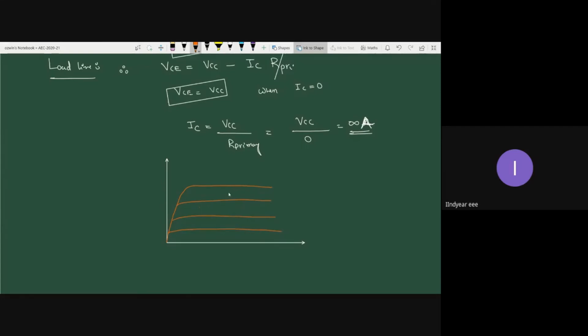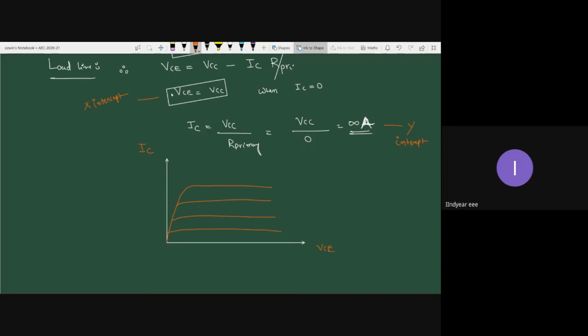Okay. So how am I going to draw the DC load line? So this is your y-intercept and this is your x-intercept. This is your collector current and this is your collector emitter voltage.